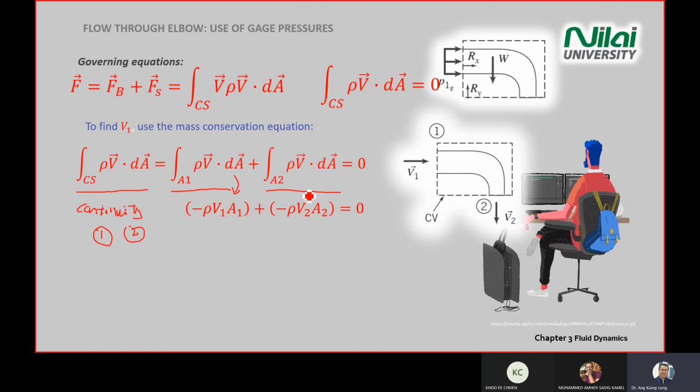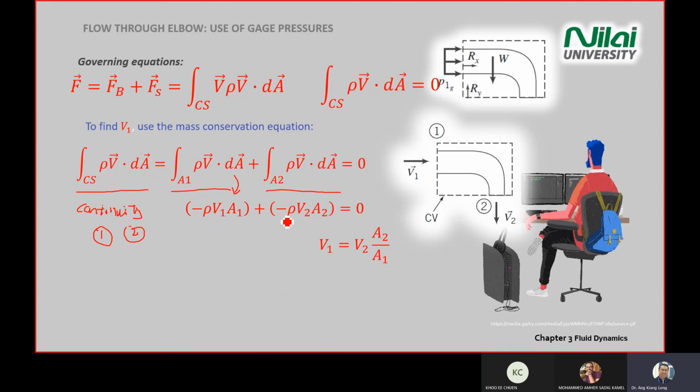Why is there a negative on V2? Let me see.